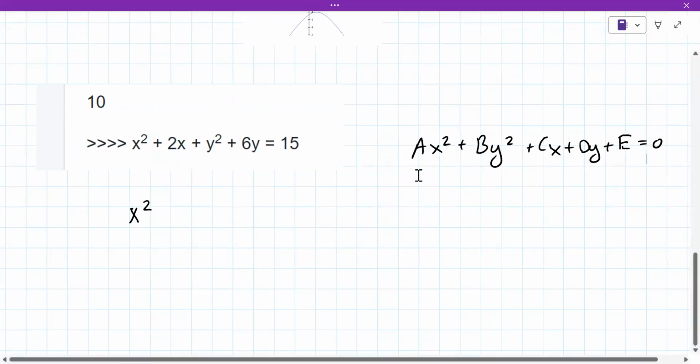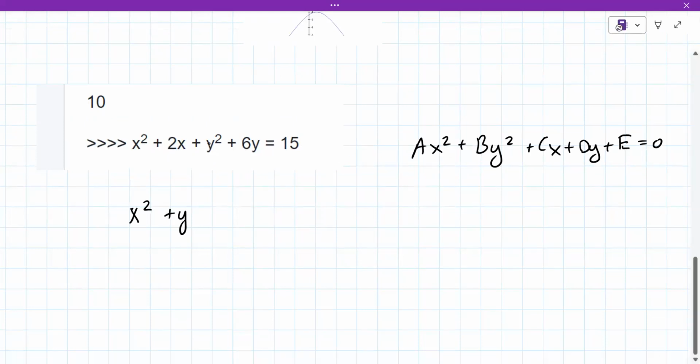Basically x squared and then y squared go together. Then you grab the x term, then you grab the y term, and then you have to put the constant on the other side of the equation. Like that. So now this is in standard form, which is what the instructor wants.